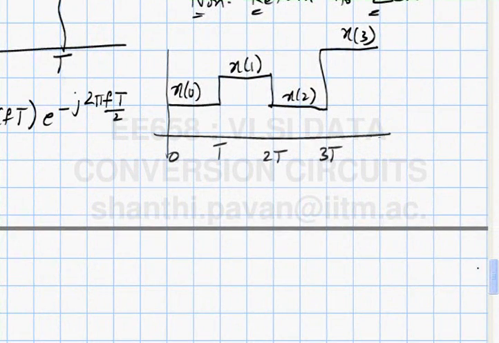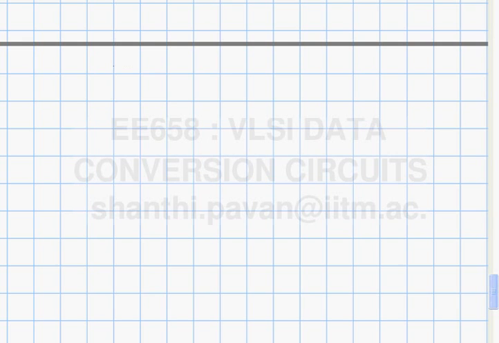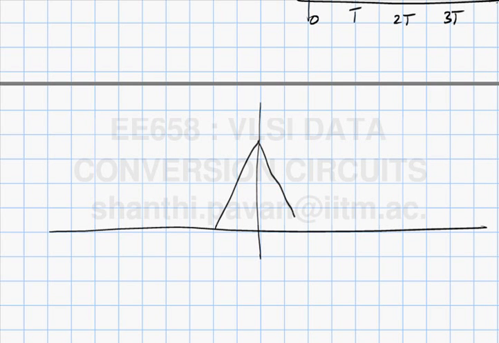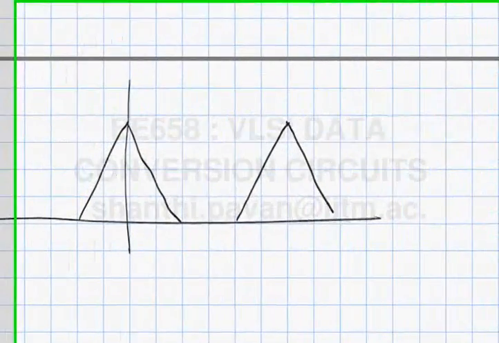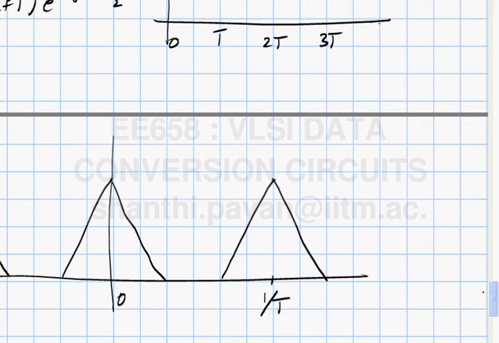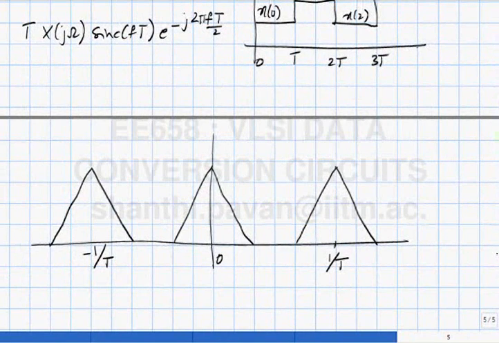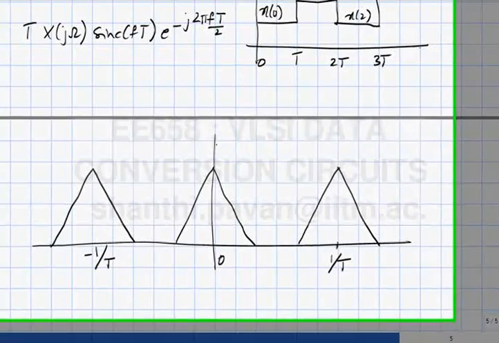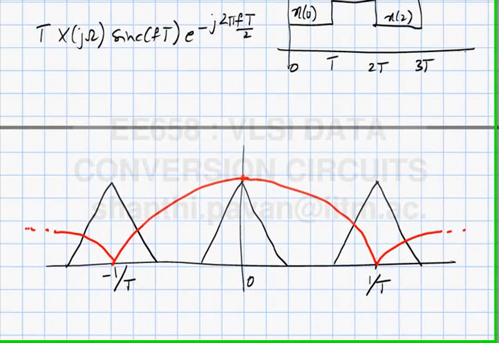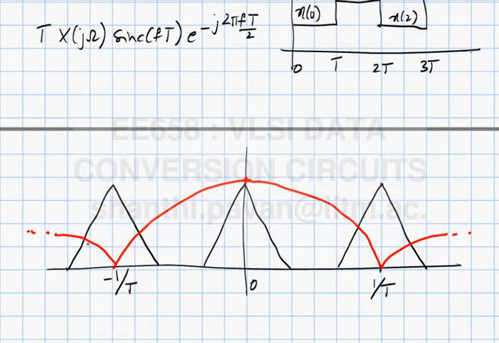So what do you think happens to the spectrum if the original spectrum was, for example, like this? The black one stands for x of j omega. How does sinc fT look like? So what happens to the sinc at 0? This will be multiplied by something like this. What is it at 1 over T? It is 0.